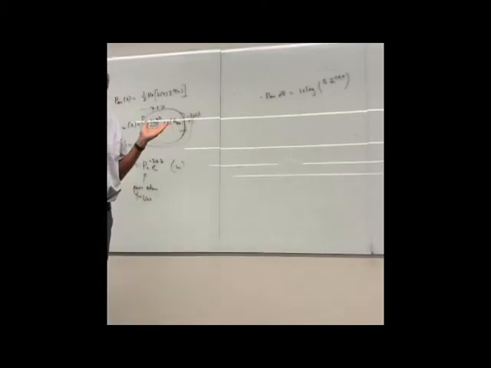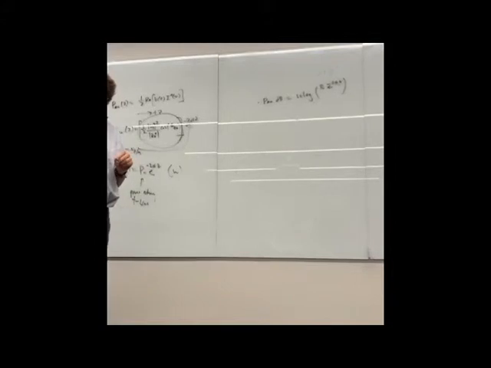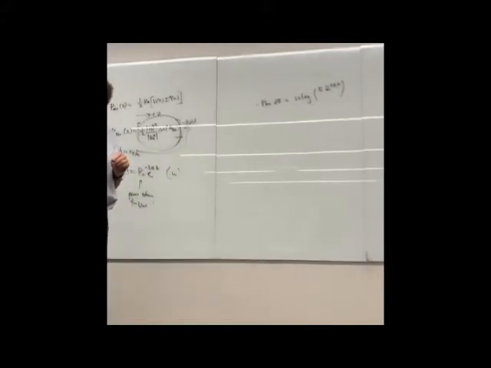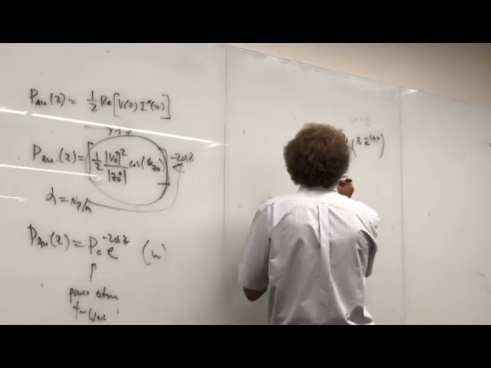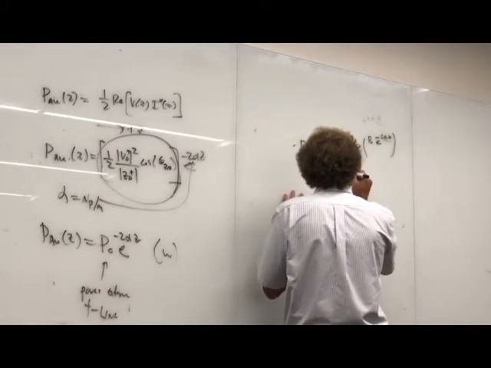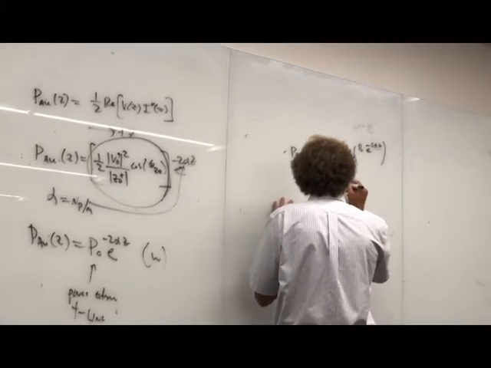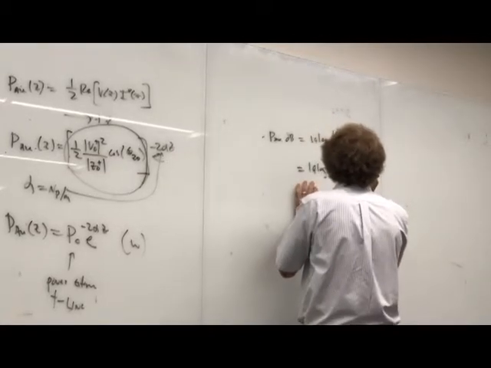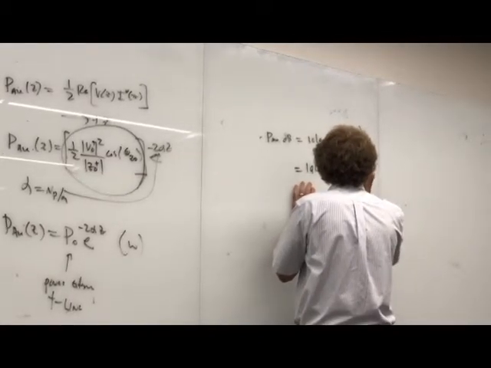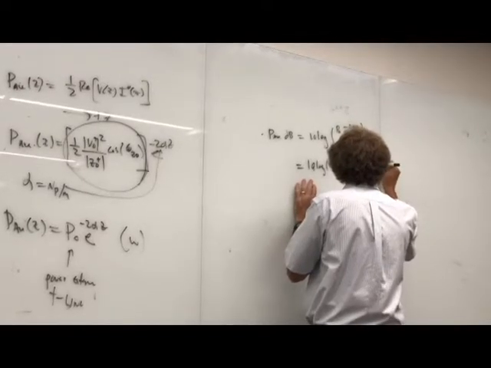I'm not even putting 10 to the minus 3rd there. I'm just going to have dB watts, so that the standard is not a milliwatt, but a watt. What's that going to be? Well, that's 10 times the log of P0, right? And then it's going to be minus 20 alpha z times the log of e to the 1.